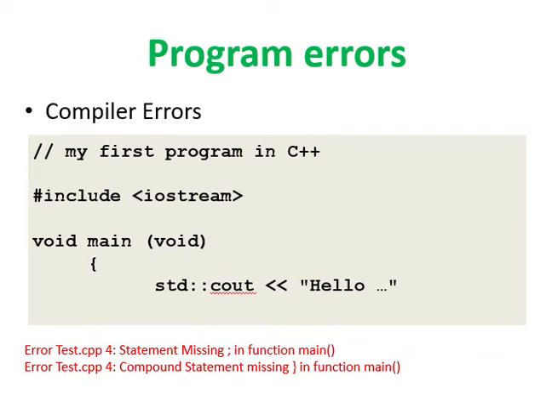Here are some examples that I need to mention in order to explain these errors. Here is the compiler error. In the previous lecture we saw this code: comments, we include the iostream file, void main, the function in any C++ program.